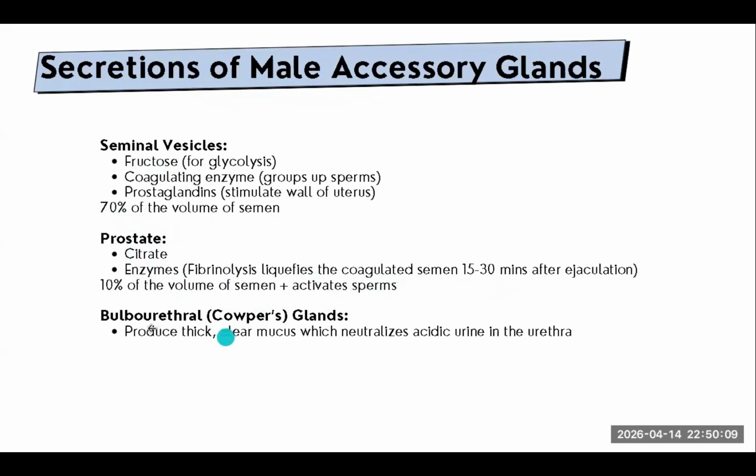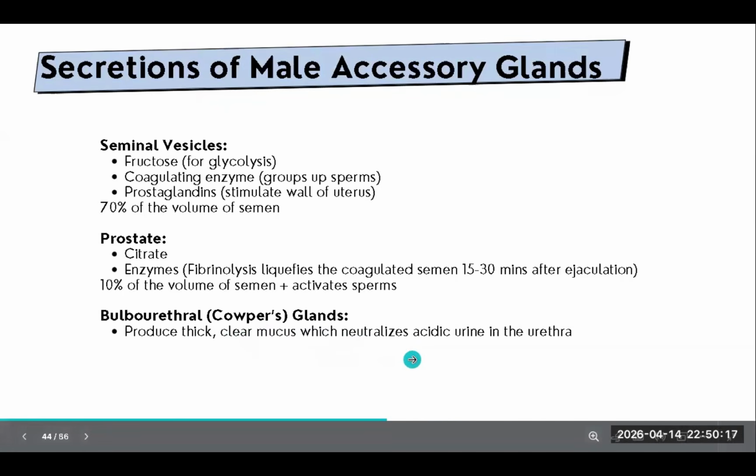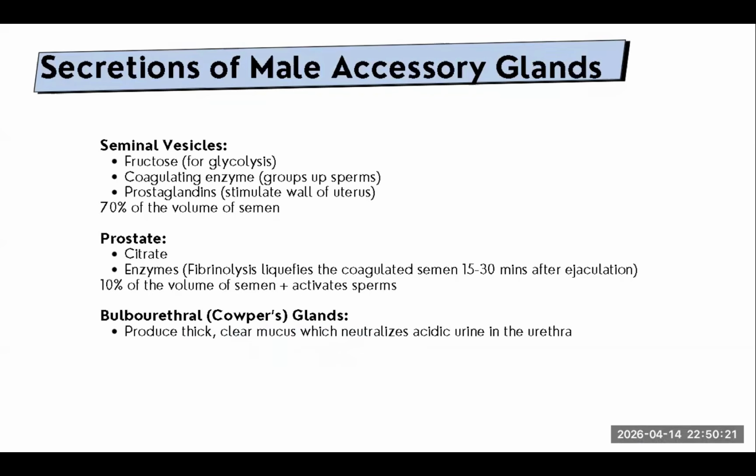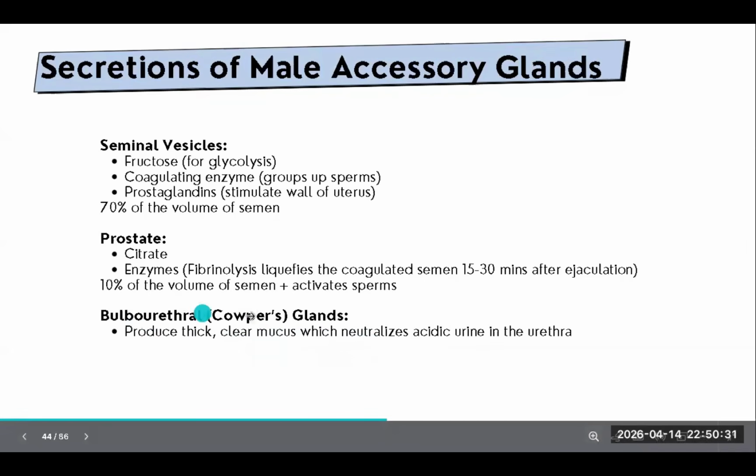And finally, we have bulbourethral, also known as Cowper's glands, and they produce thick, clear mucus, which neutralizes acidic urine in the urethra. Normally, you shouldn't have urine. However, in case you have urine in the urethra when there is emission and ejaculation, it must be neutralized by the secretions of the Cowper's glands.